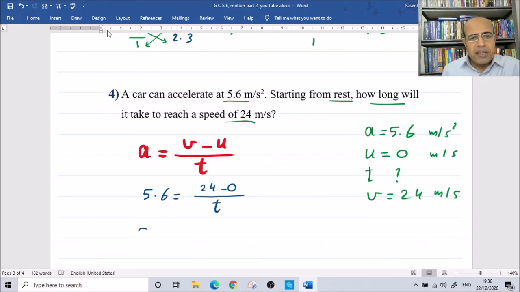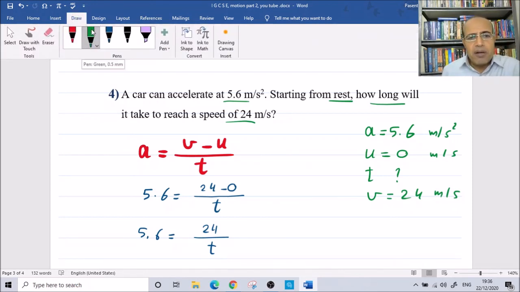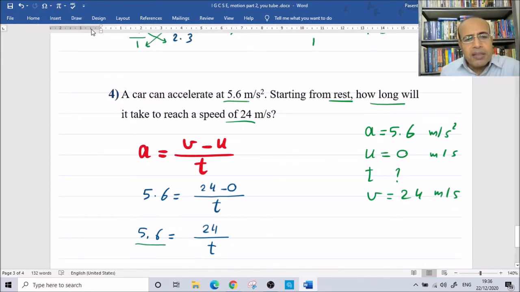Now 5.6 equals 24 minus 0, it's 24, over t. We do the same way like before, cross multiplication. How can we do cross multiplication? We write this over 1, because 5.6 over 1 is the same. And then if we need t, we do cross multiplication.